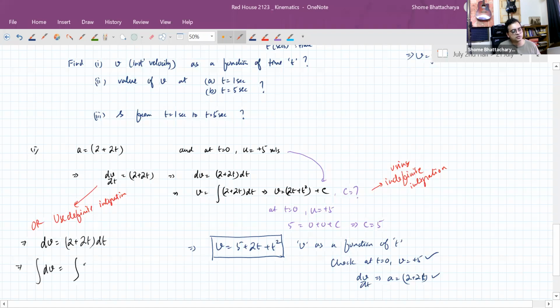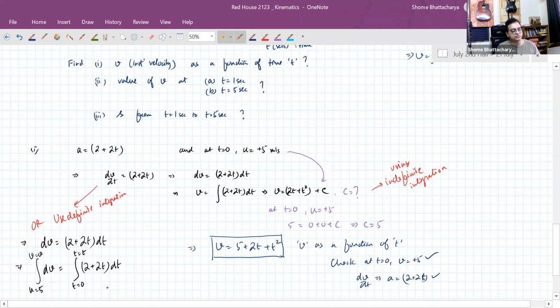So I can put limits. On this side I will integrate from t equal to 0 to some instantaneous time t. So the upper limit is actually a variable. And on this side, my initial velocity at t equal to 0 is known. So it's 5. But at time t, the velocity is v, which is unknown.